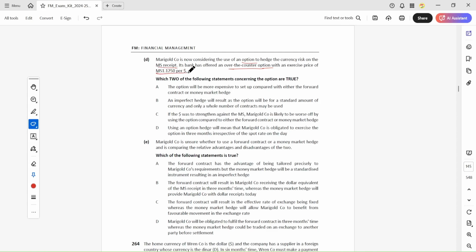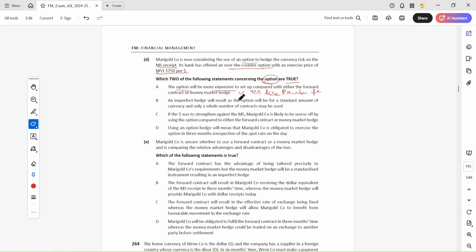Which of the following statements concerning the option is true? The option is a more expensive setup compared to a money market hedge. Yes, this is correct, because of the premium, fees, upfront cost. Yes, this is correct.